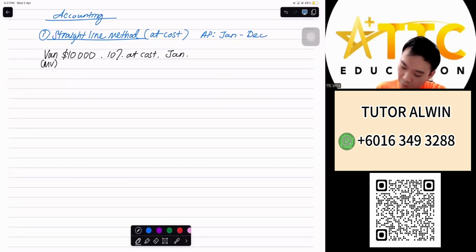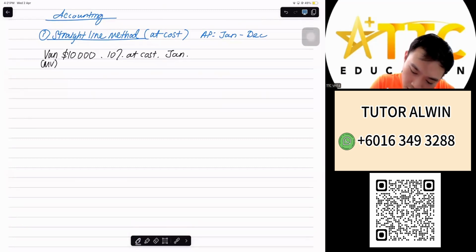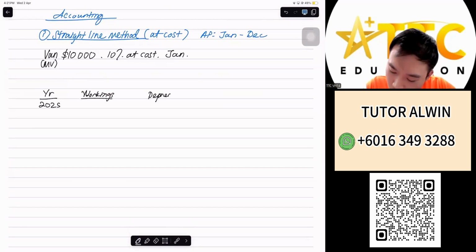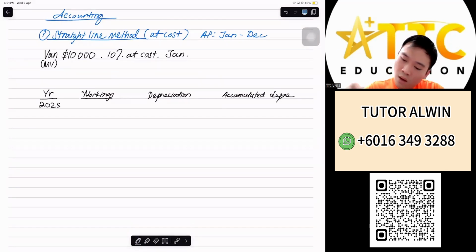So I will normally do this. There will be a year, 2025. Over here will be my workings, and then the depreciation amount, and the accumulated depreciation. Now, in your syllabus, they will use the term provision of depreciation for whichever asset.